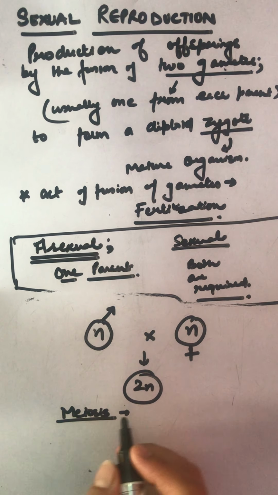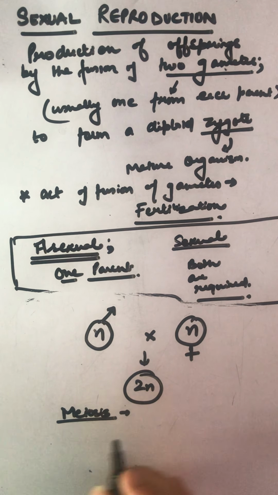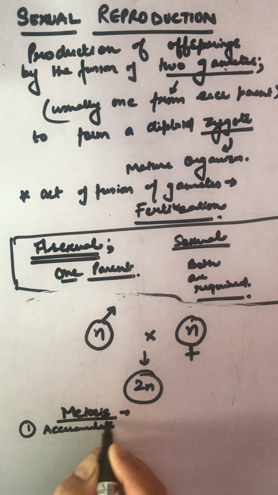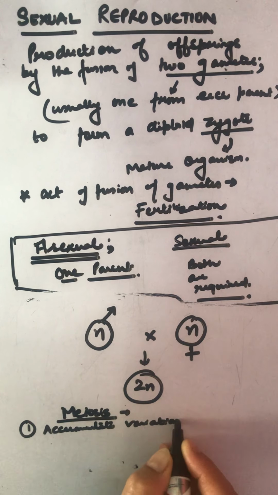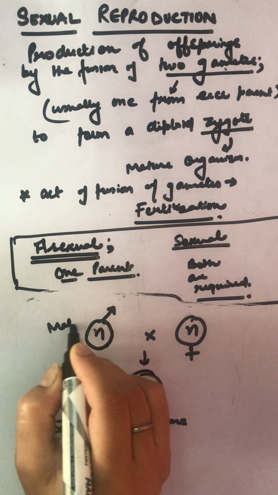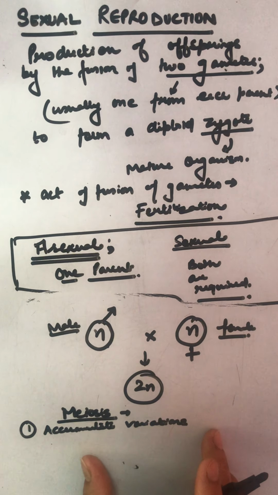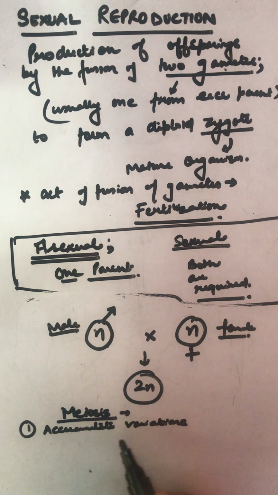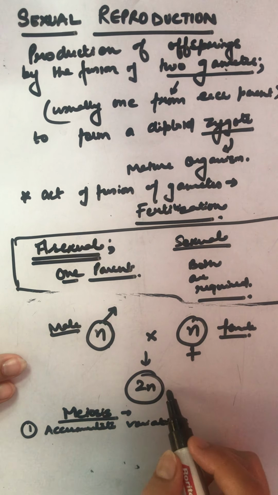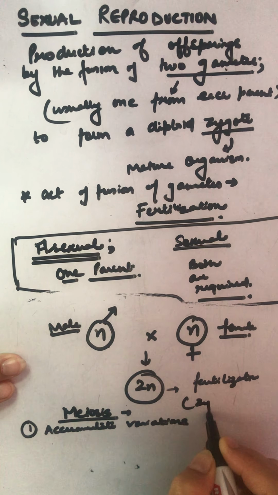These advantages follow when we take up the meiosis process. Number one, it always accumulates variations. Why? Very simple. This has come from the male, this has come from the female. Meiosis is showing diversity of characteristics acquired from both partners, and during fertilization a zygote is formed.